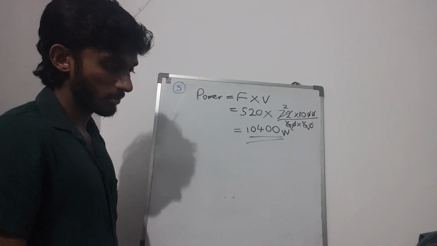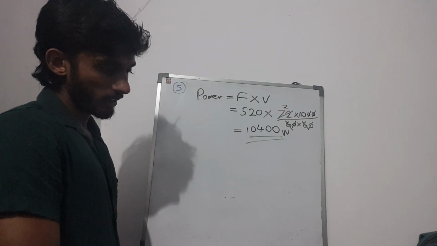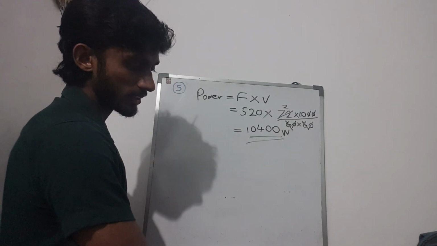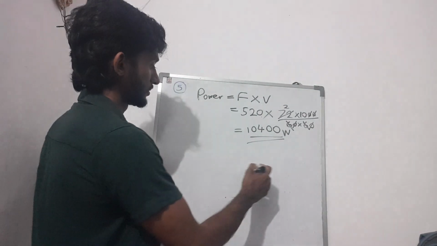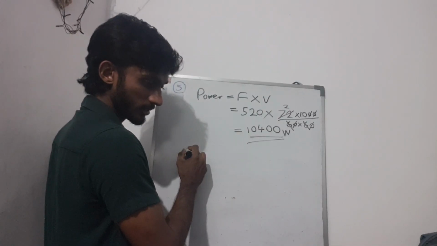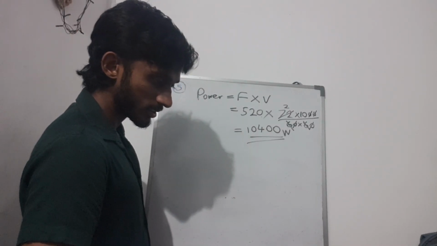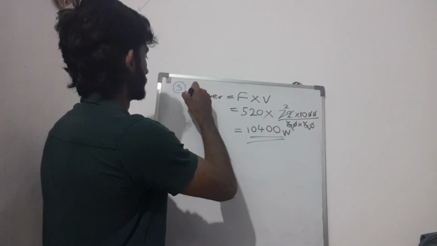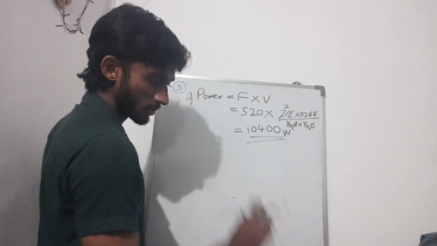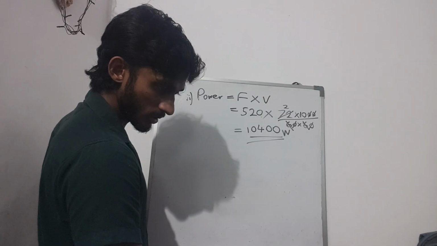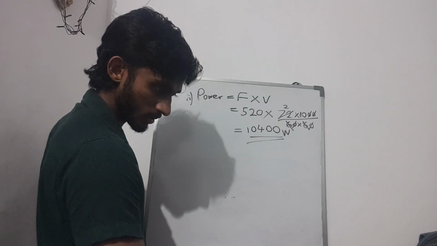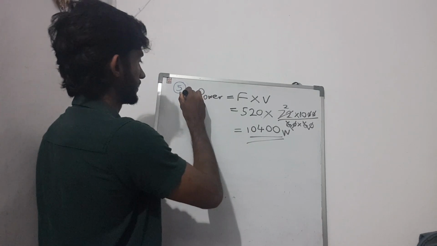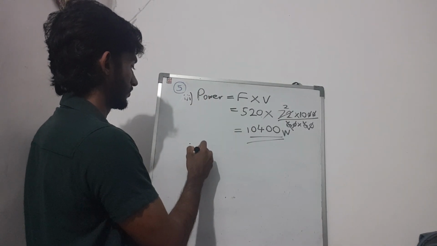The horizontal has the same power in V. If the total resistance against the motion is 200, find the maximum velocity. Let's say this is question number 3.